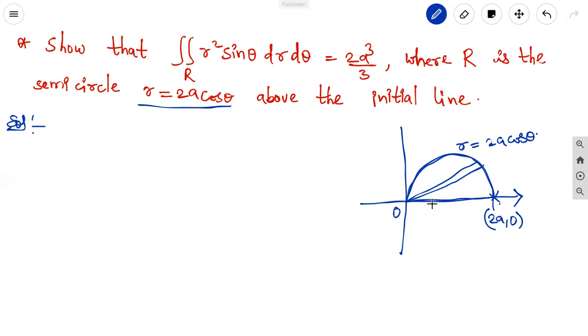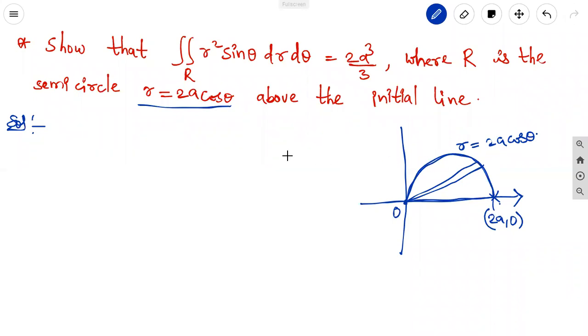So we can take the θ limits from 0 to π/2 and the r limits from 0 to 2a cos θ. Why? Because the radius starts from the pole on the initial line. Above the initial line, r goes from 0 to 2a cos θ.